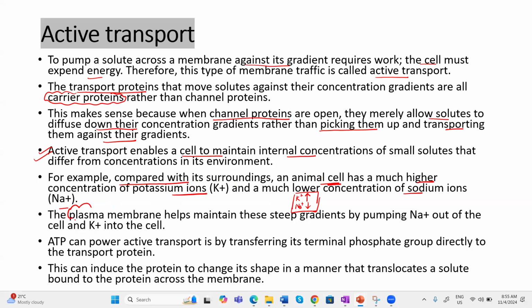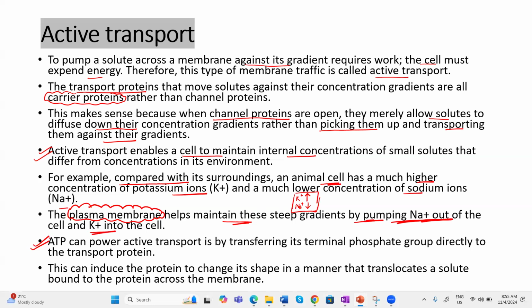The plasma membrane, especially the carrier proteins, the pump proteins, help to maintain these steep gradients by pumping sodium out and potassium into the cell. And for this, ATP is used.